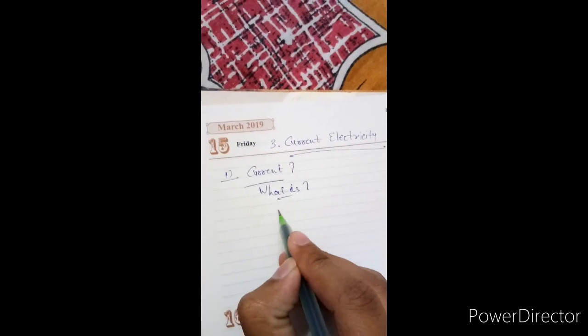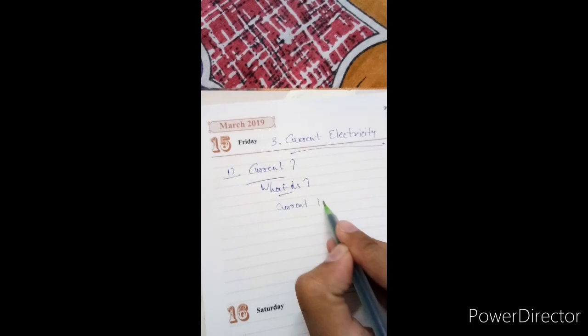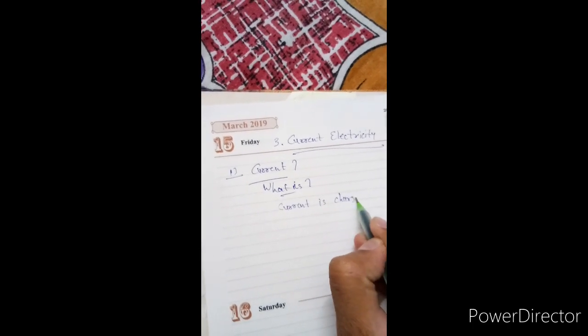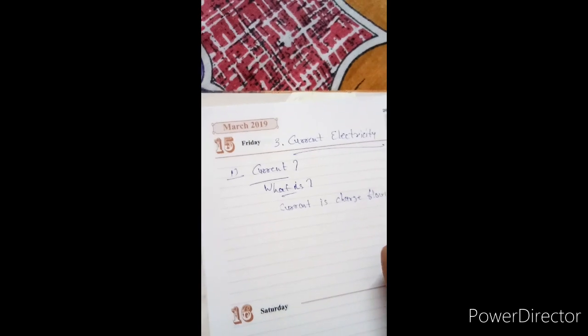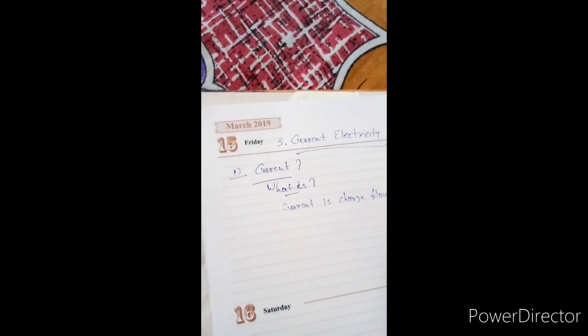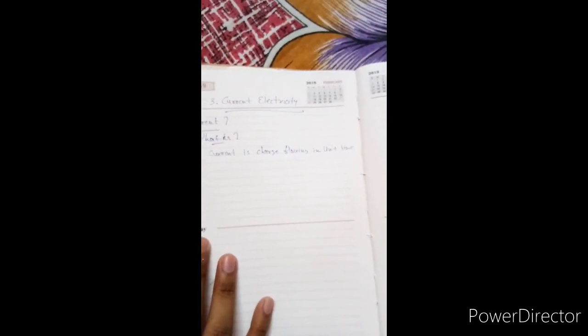As all know that current is nothing but the charge flowing in unit time. Current is known as a charge per unit time.